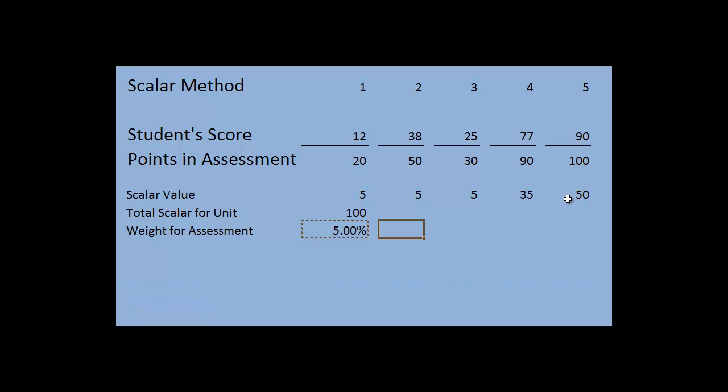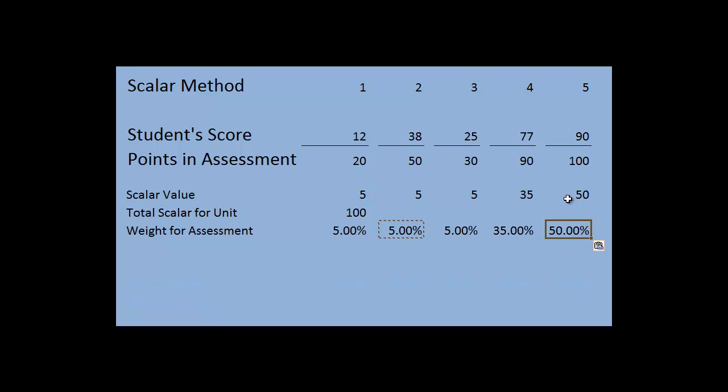If we do the same calculation for the next assignment, 5 divided by 100, it's equal. So we'll make a little adjustment to our formula here, and we'll copy that out to the other assessments.